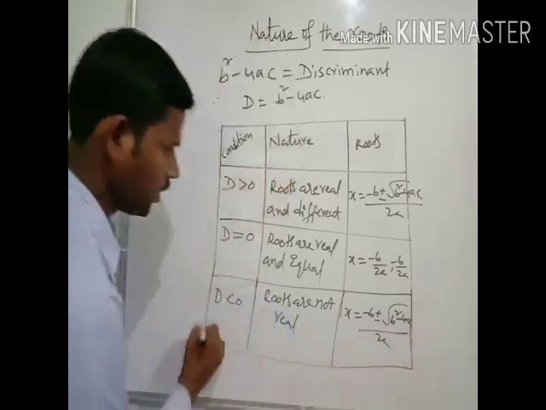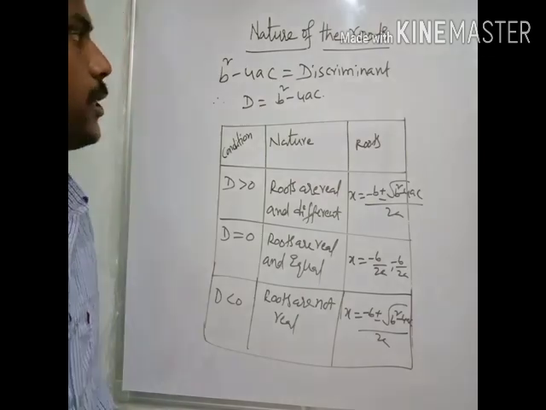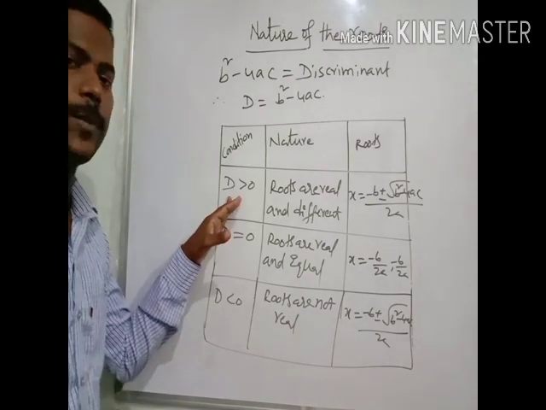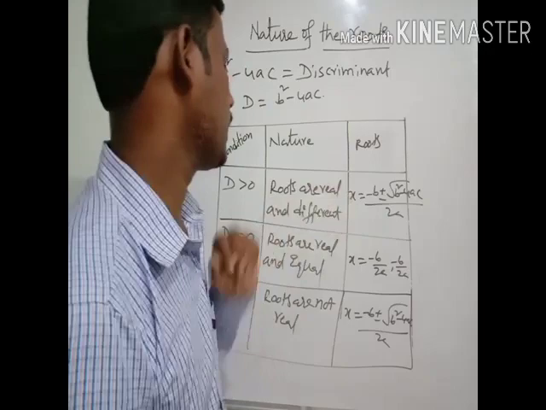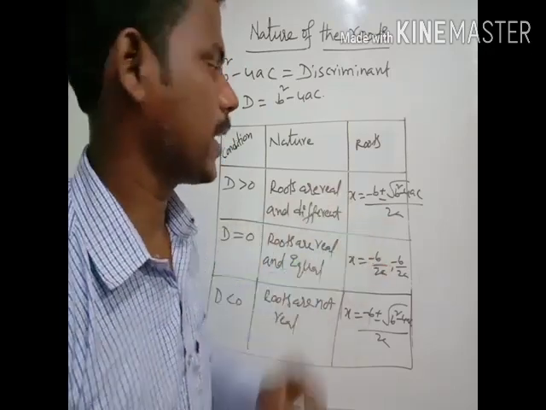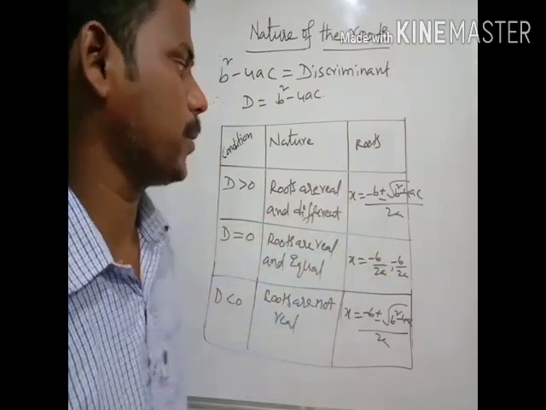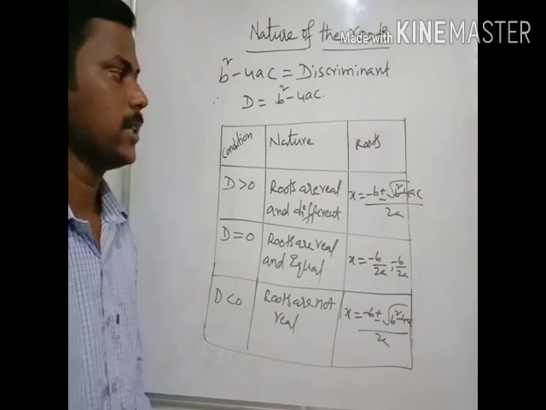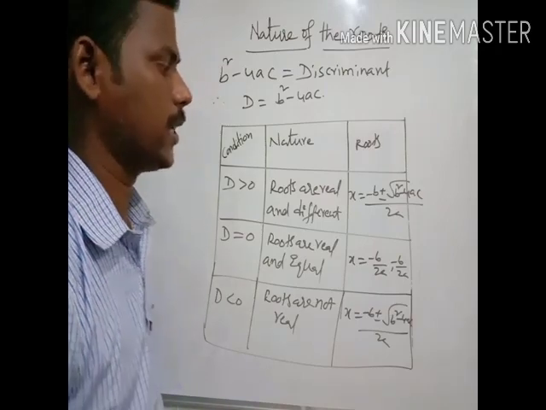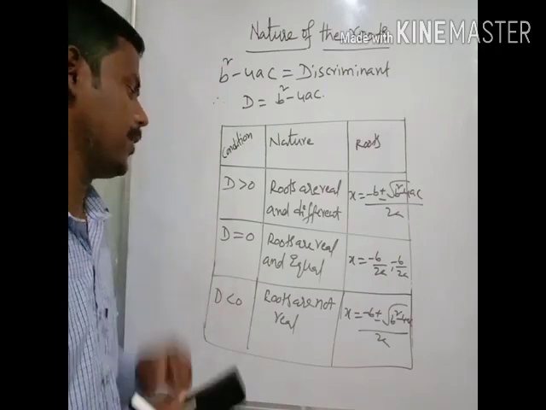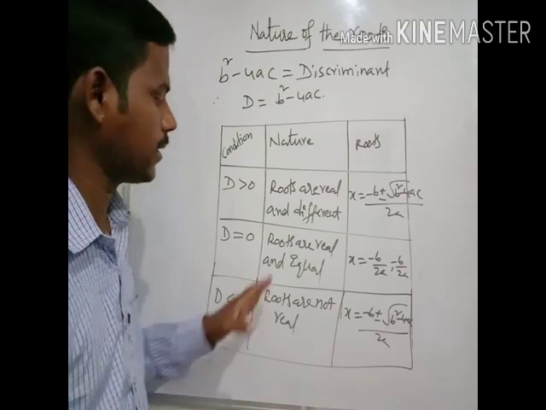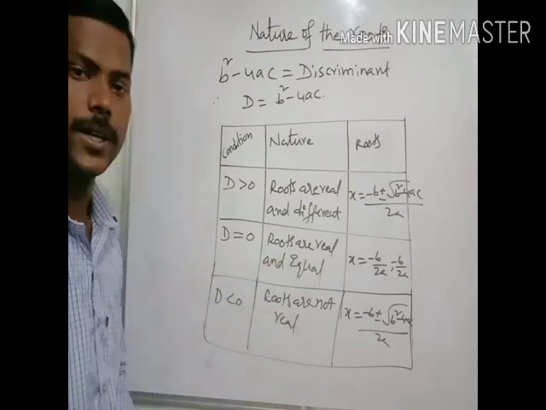So here, this is the nature of the roots. When the discriminant greater than 0, roots are real and different. So generally we find the formula x equal to minus b plus or minus square root of b square minus 4ac by 2a. If discriminant 0, then what happens, children? Roots are real and equal.